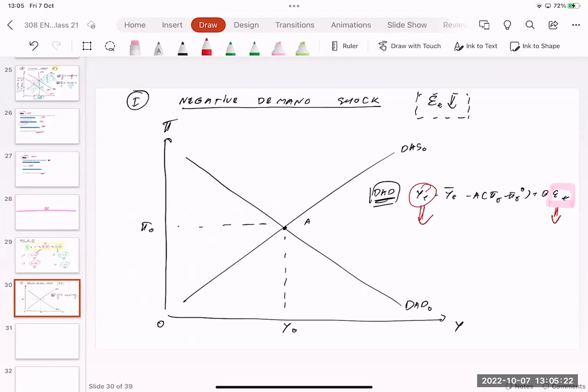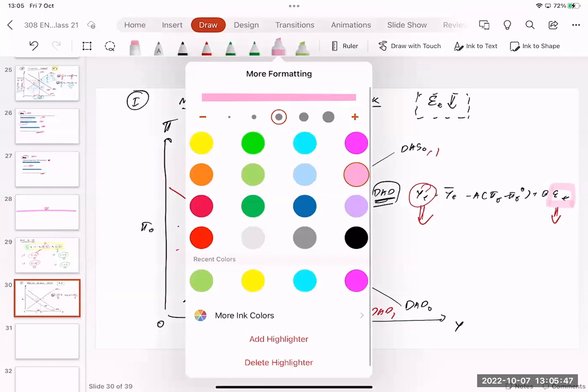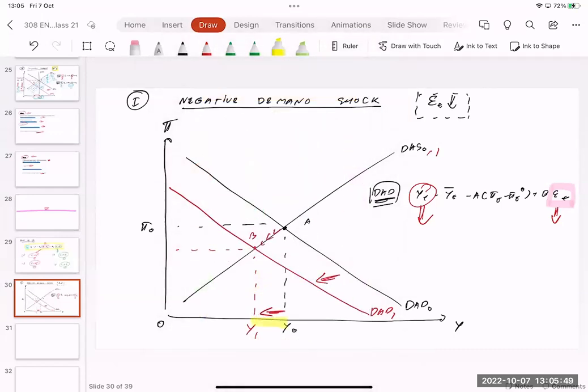So negative demand shock means that for some reason, total spending in the economy becomes lower. It is going to make the DAD curve shift to the left like this. DAS stays the same. The equilibrium point changes from point A to point B. As a consequence, the whole economy slows down. As you can see, GDP Y moves to the left from Y1 to Y2. The whole economy slows down.